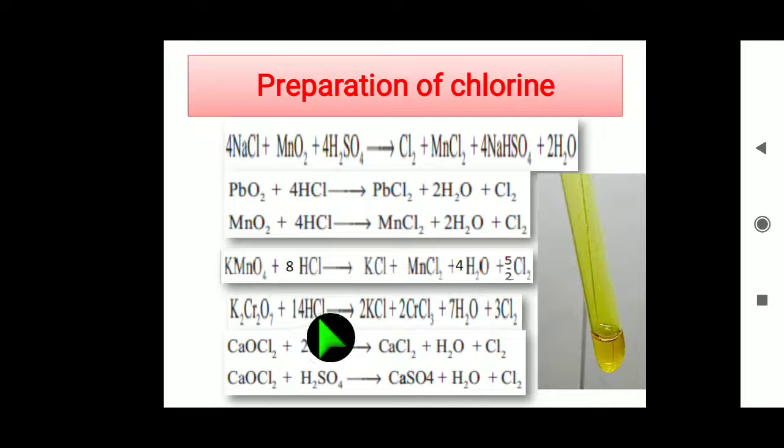Then chlorine also 14. Here on the left side K2, that's why I put a 2. So 2 chlorine, chromium also 2 on the left side, right side also 2. So 2 into 3, 6, 6 plus 2, 8 chlorine, 8 plus 3 into 2, 6, so 8 plus 6, 14. So this is a balanced equation.